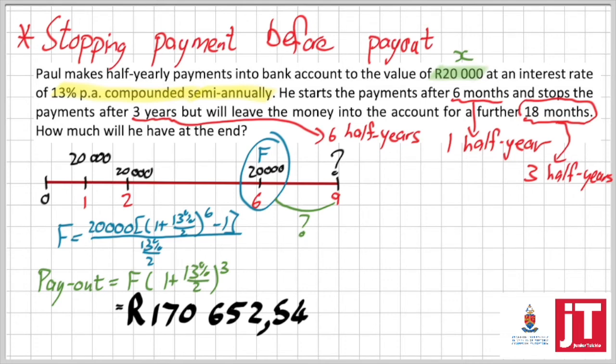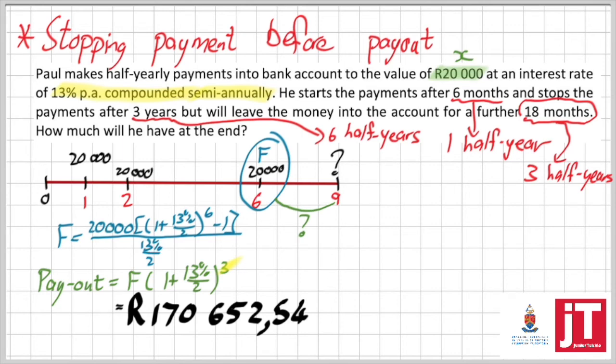So in other words, this 3 that you add is the missing payment periods. It's just inflating your future value for however long you leave it until you eventually withdraw it out of the bank.